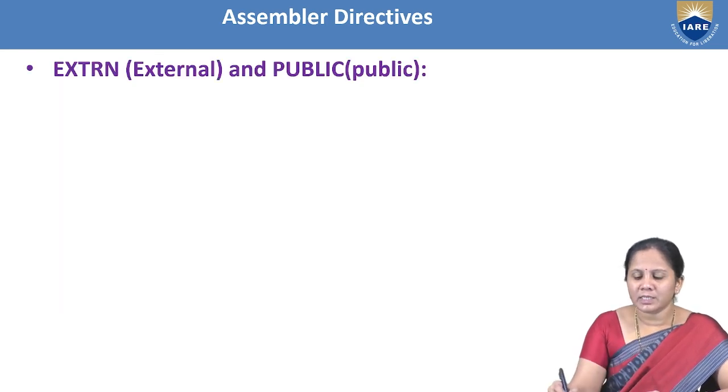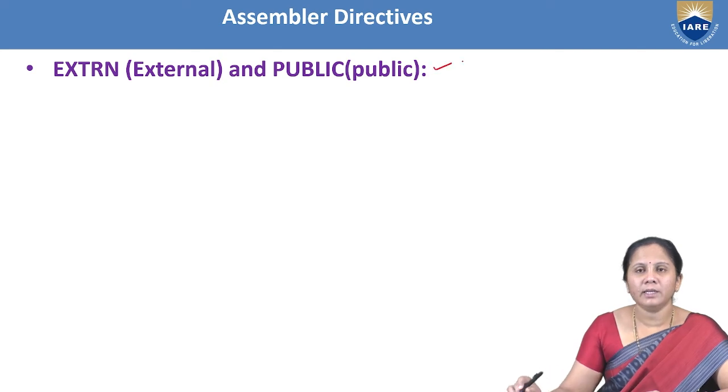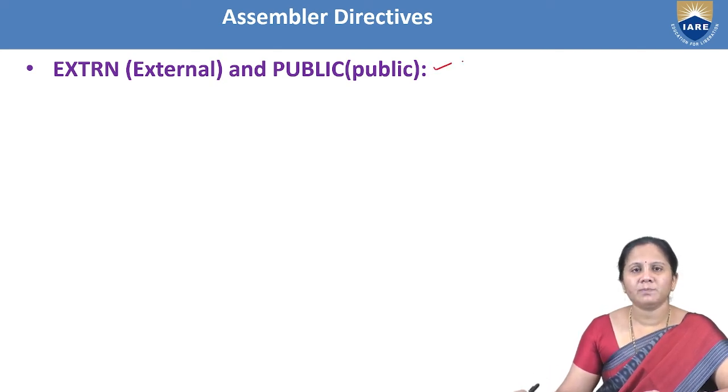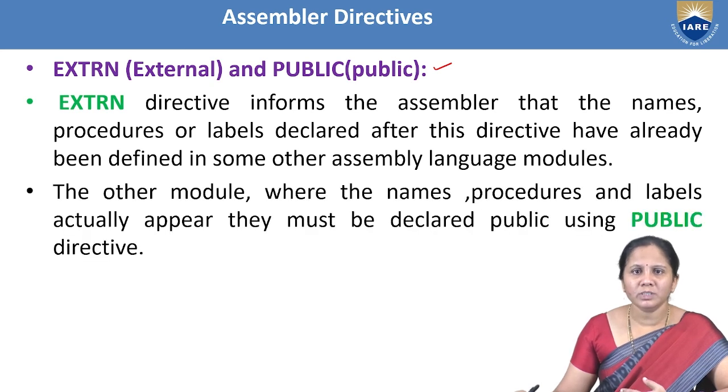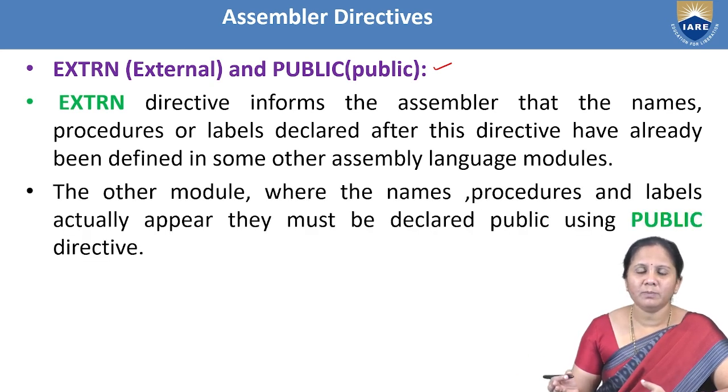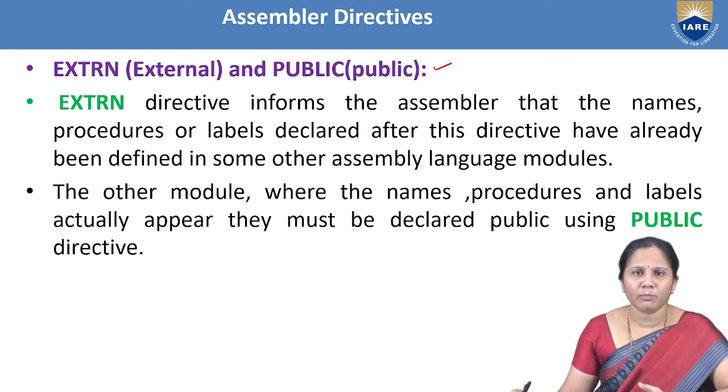Now, the next assembler directives are extern and public. Extern represents external and public represents public. These two assembler directives represent how to use the same variables from one module in another module.